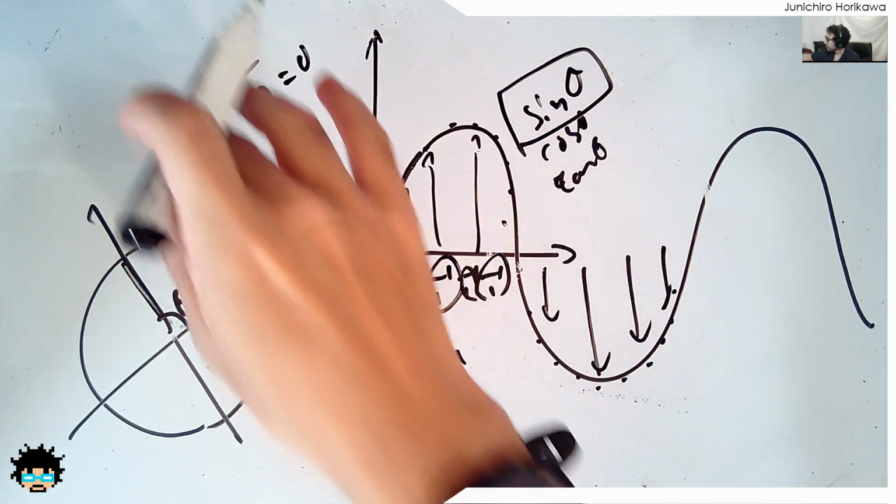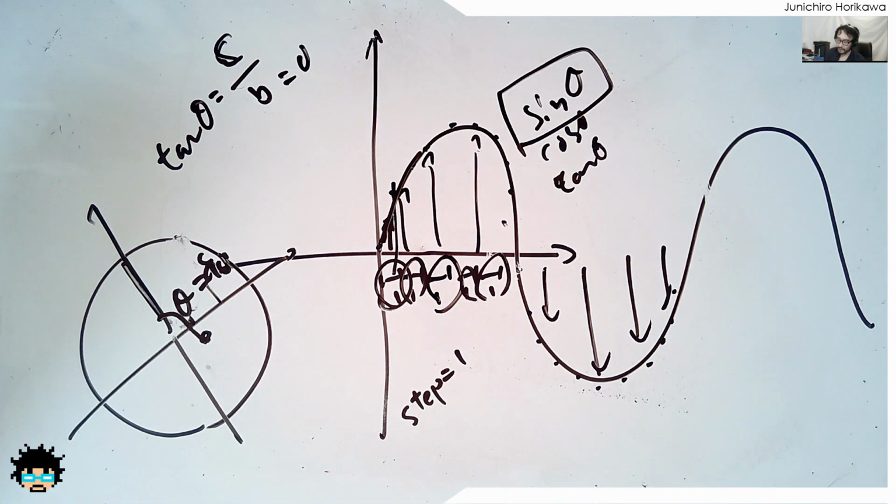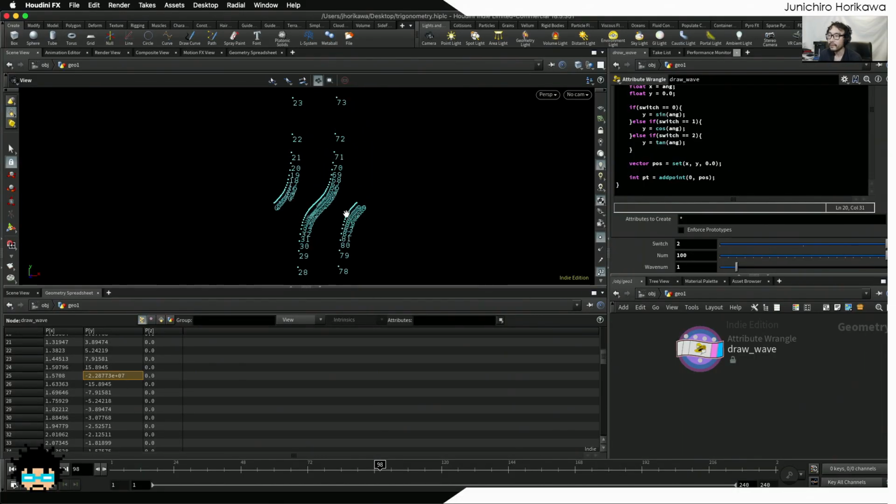So dividing a value by 0 gives an infinite value. So that's the reason why you have this kind of wave. So it makes sense.